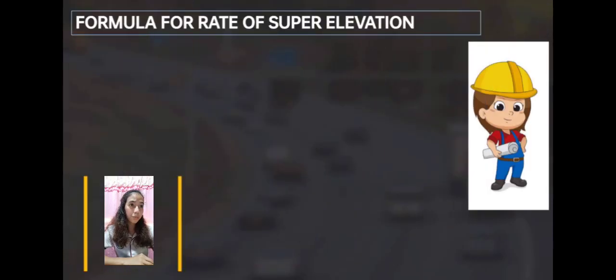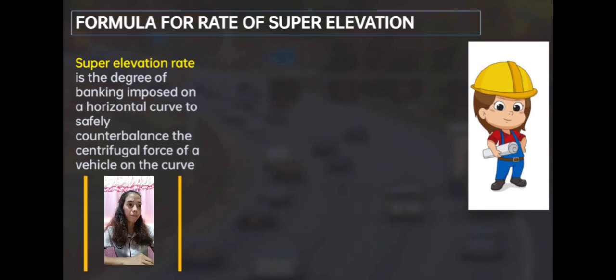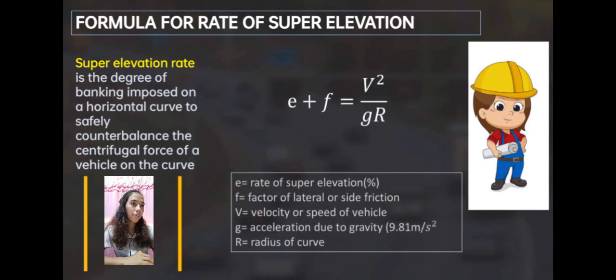Next formula is for rate of superelevation. Superelevation rate is the degree of banking imposed on a horizontal curve to safely counterbalance the centrifugal force of vehicle on the curve. So, ito yung formula nito na rate of superelevation, which is e + f = V² / GR.